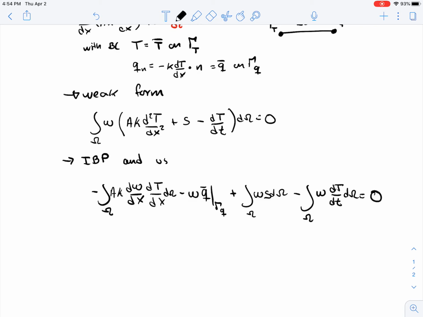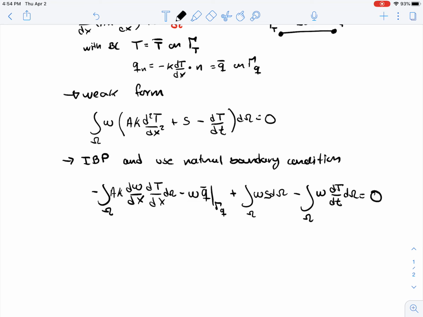So I did integration by parts and used the natural boundary condition, because I already substituted this q bar right here. So that is pretty much the weak form that I have.